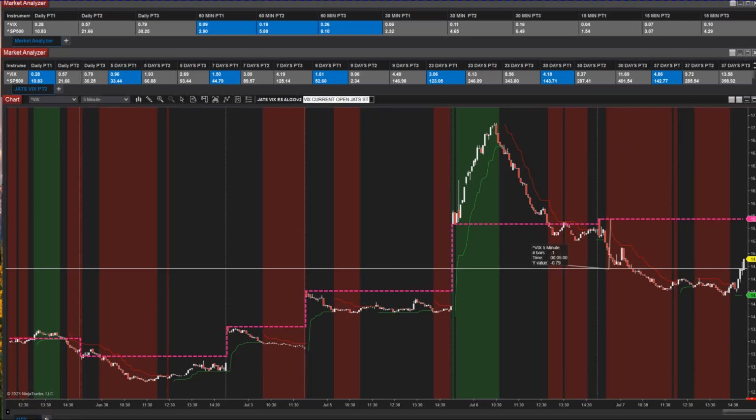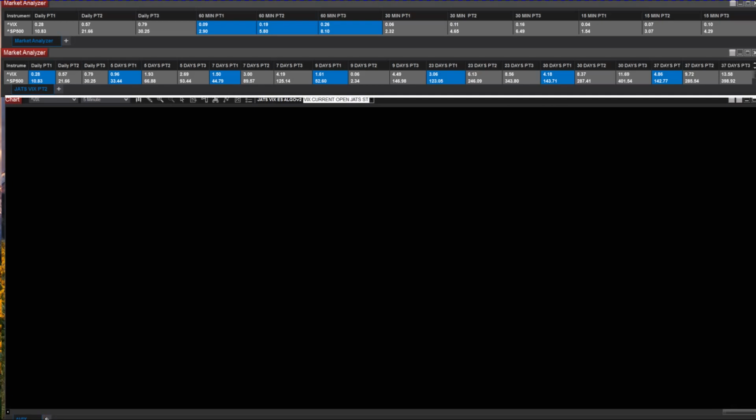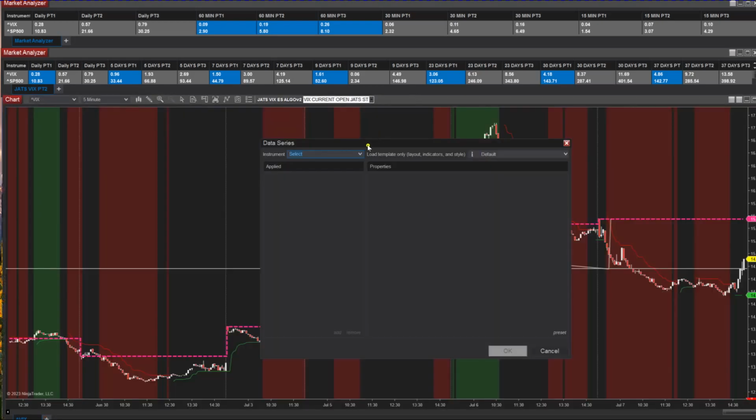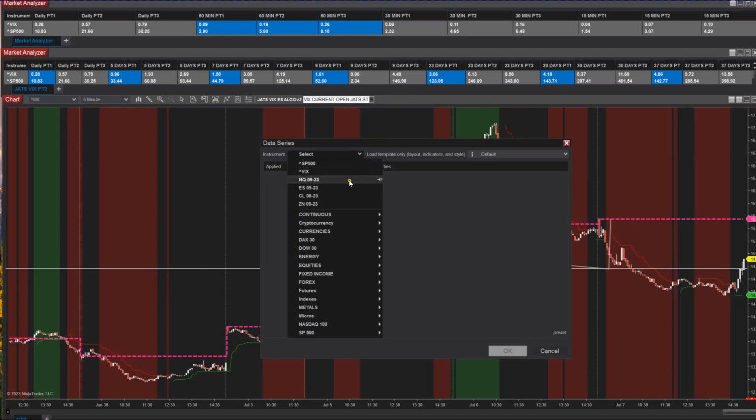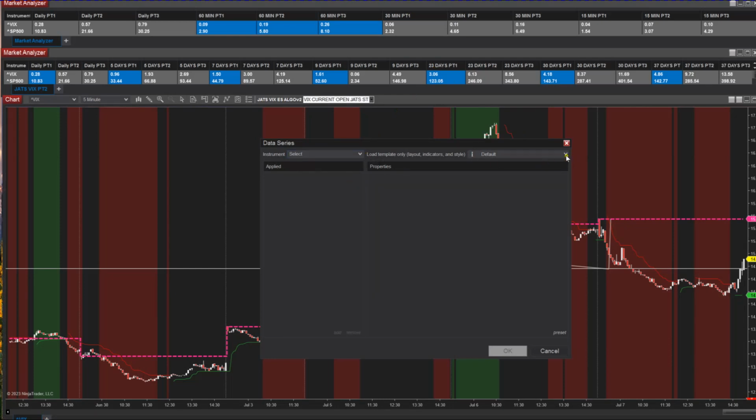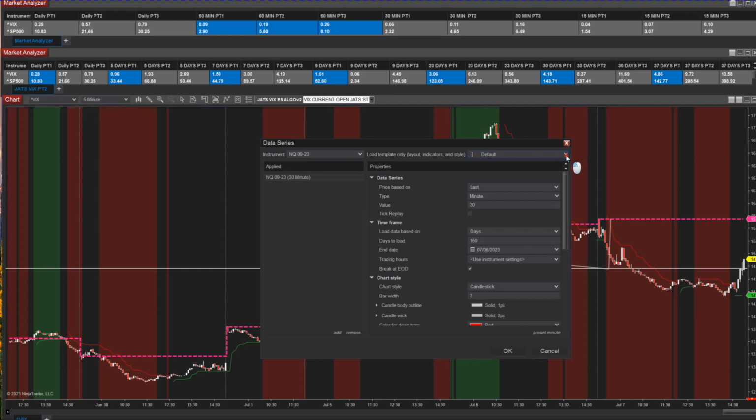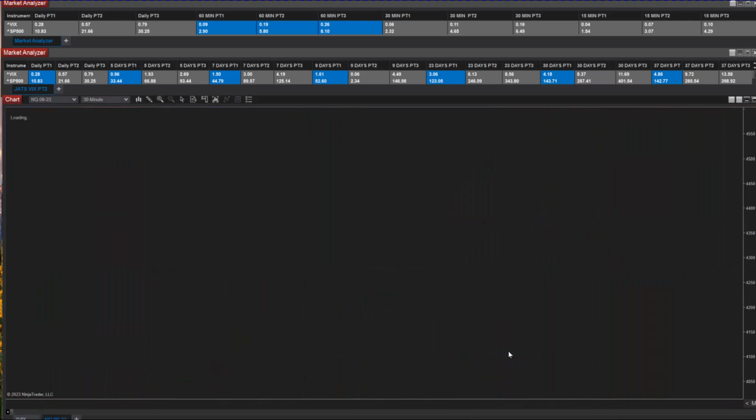Let me put up a chart and show you this real quick while I'm talking about it. Sorry, the computer loads a little bit slower when I'm recording.